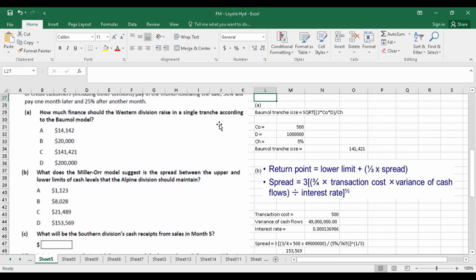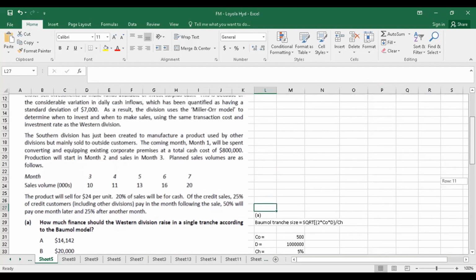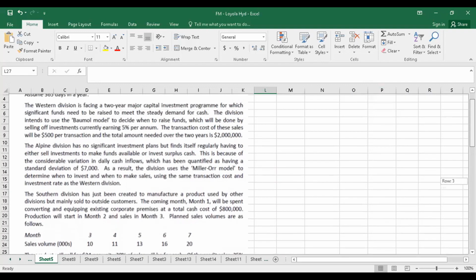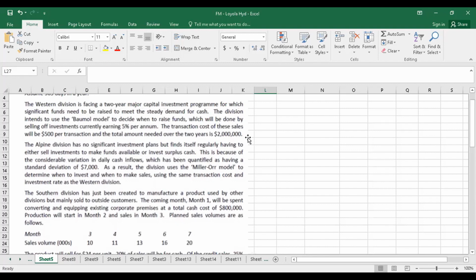according to Baumol's model? Baumol's model formula is the square root of 2CoD divided by Ch. We have learned from the data that the cost of each transaction is $500, the total requirement is 2 million for 2 years, and this is done by selling off investments currently earning 5% per annum.